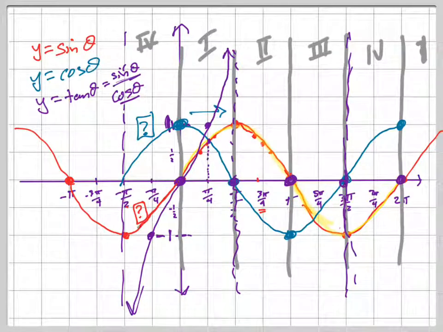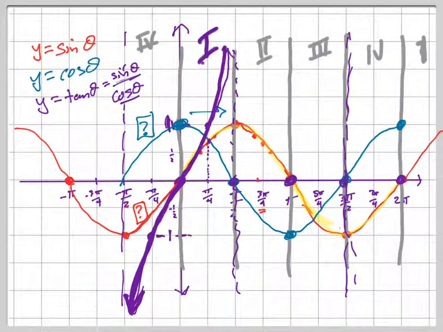It's negative, right? So what's a positive divided by a negative? A negative. That's why we have this graph negative right here. And what are the sine and cosine in the 1st quadrant? They're both positive. What's a positive divided by a positive? Positive, and that's why it goes up like that.